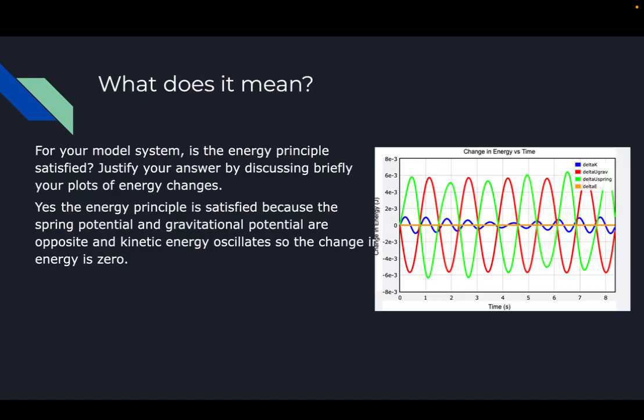They're always equal in amplitude, but opposite. One's negative and one is positive, so they cancel out. And then you can see through each full oscillation that delta K always evens itself out throughout the entire thing, meaning that delta E is always zero.